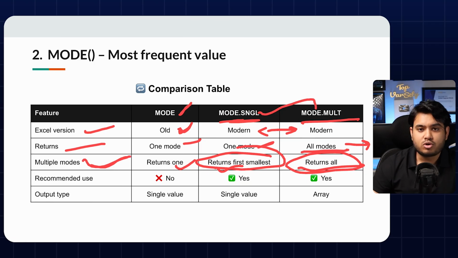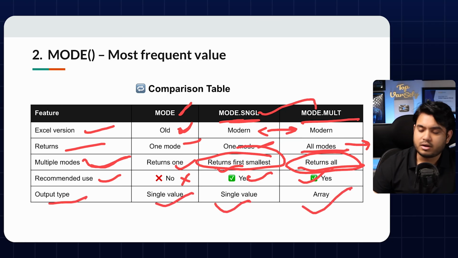This is the logic behind multiple modes. In terms of recommendation, the old one is not recommended, and the other two are recommended. Output type: single value versus array. It can show you multiple values also.